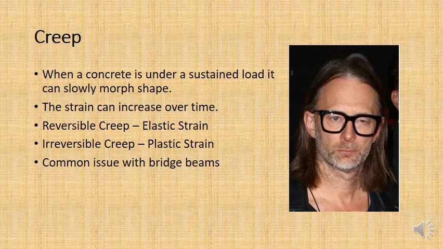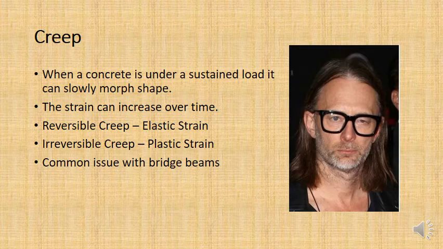Creep is basically what happens to concrete when the concrete has a modulus of elasticity which is too low. Basically, the concrete is changing its shape because it is under a constant load, and the shape slowly morphs.